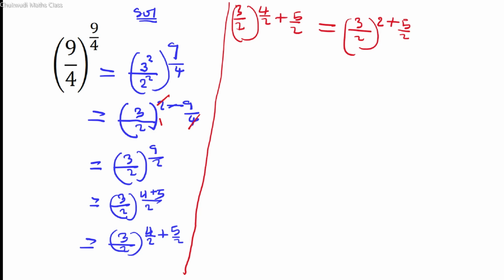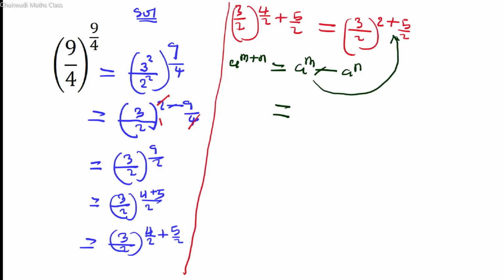At this point, what will happen now? We are going to apply this law of indices, the multiplication law of indices: a raised to the power m plus n is equal to a raised to the power m multiplied by a raised to the power n. Then when we apply this particular law, we can expand this to be in this form.